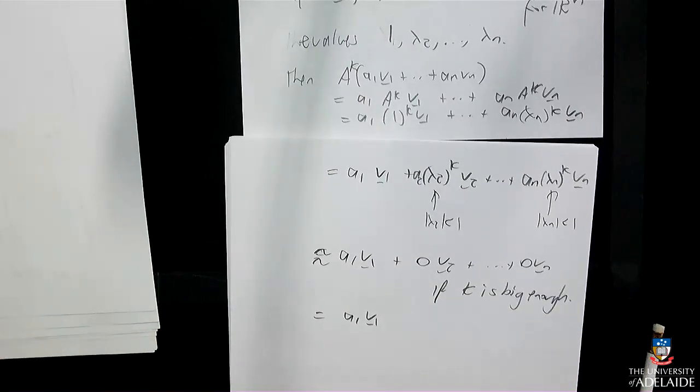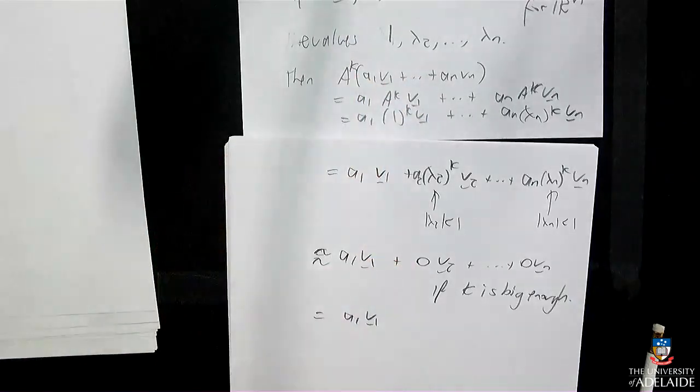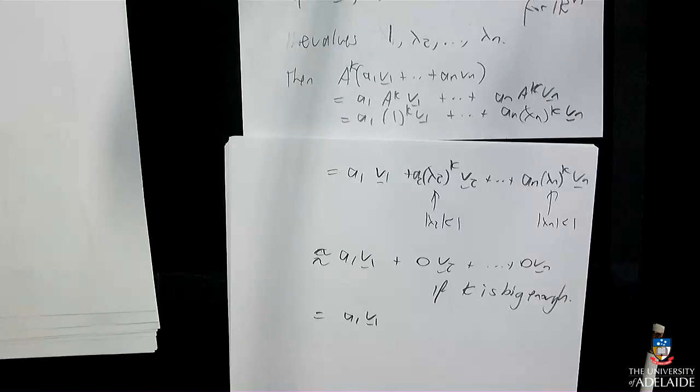And yep, fine. Right. So that means that if you start with any vector at all and multiply by A as many times as you can, you will always drift towards a multiple of the eigenvector for 1.